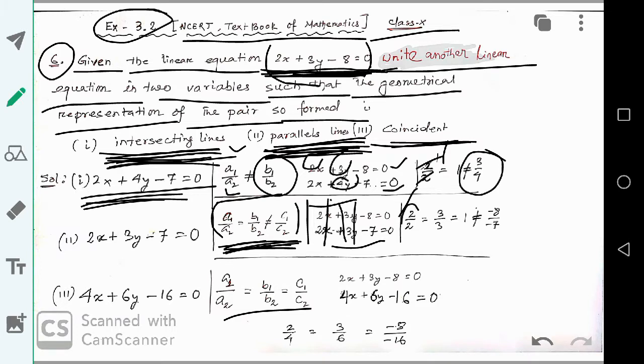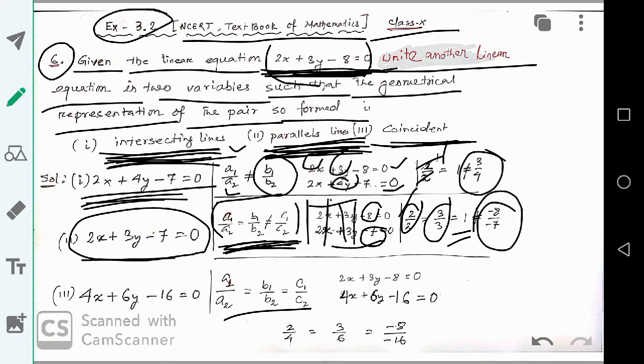So 2 by 2 is equal to 3 by 3, but the constant terms are minus 8 and minus 7. 2 by 2 and 3 by 3 are both equal to 1, but minus 8 by minus 7 is not equal to 1. So these two equations, the one I have taken and the given equation, are parallel.